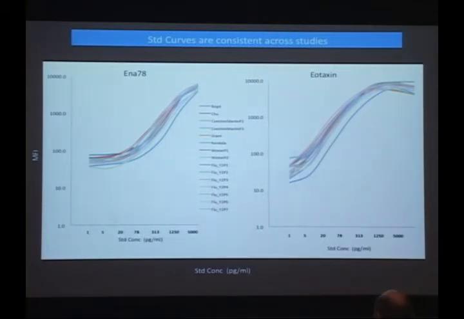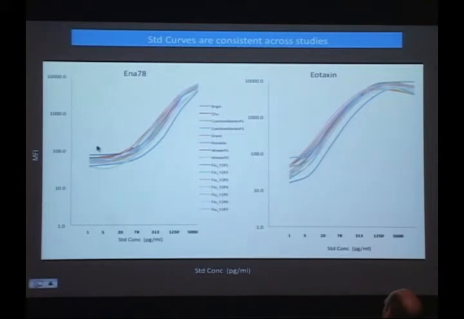Being in a core facility, we have lots of studies on Luminex. So the other exercise we did was to collect all these Luminex studies from different projects, and then we plotted all the standard curves. And if you see here, the colors are different projects. We wanted to find out how reliable the standard curves are, and it turned out that the standard curves are pretty consistent.